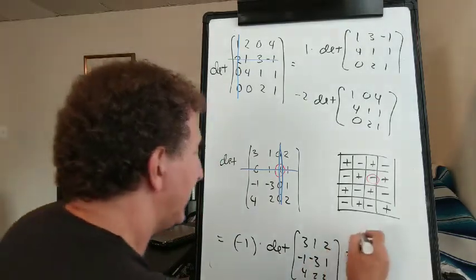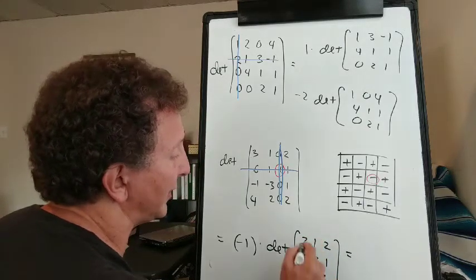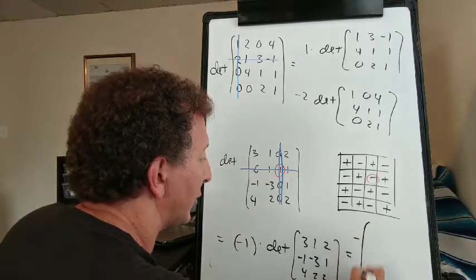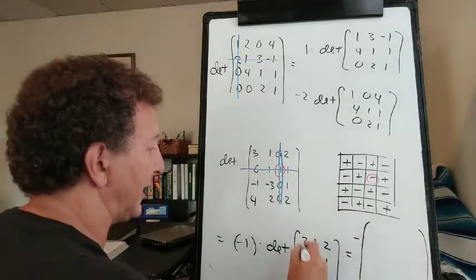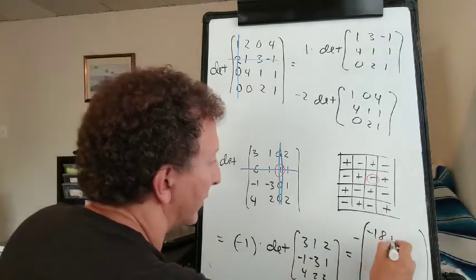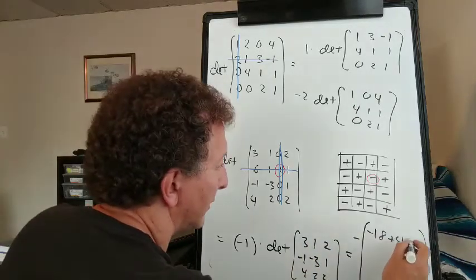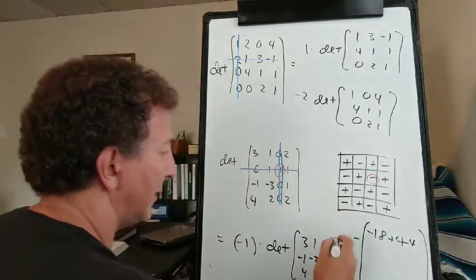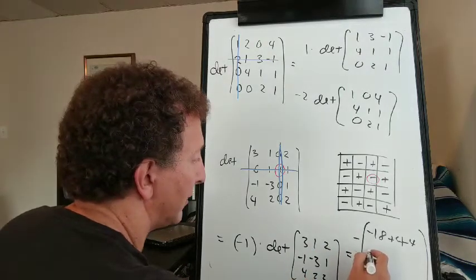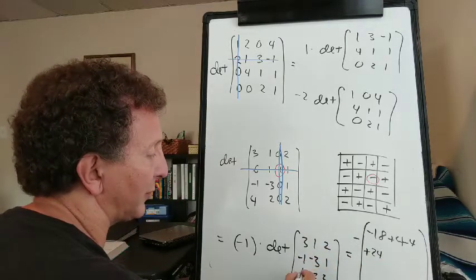Which is negative 1 times 3 times negative 3 times 2, which is, let's see, 9, 18. Negative 18, negative on the whole expression here. Negative 18 plus 4, minus 4, then minus negative 24. 2 times 3 is 6 times 4 is 24.